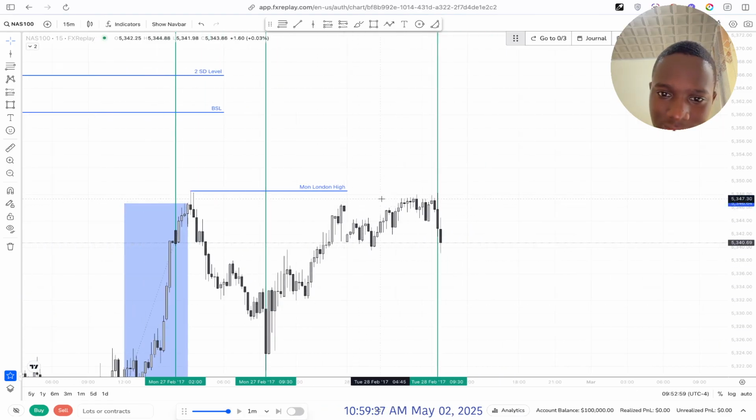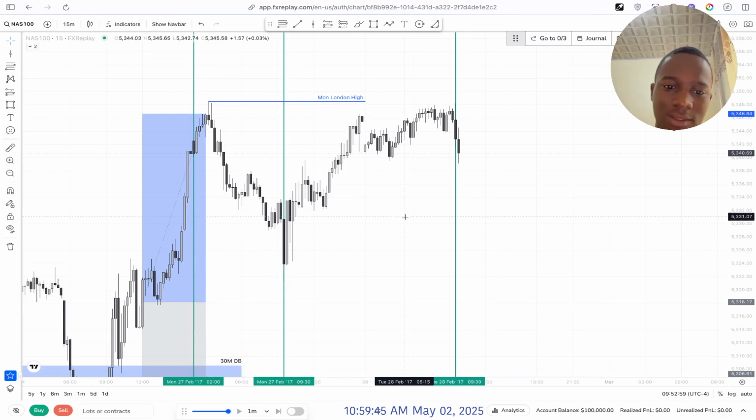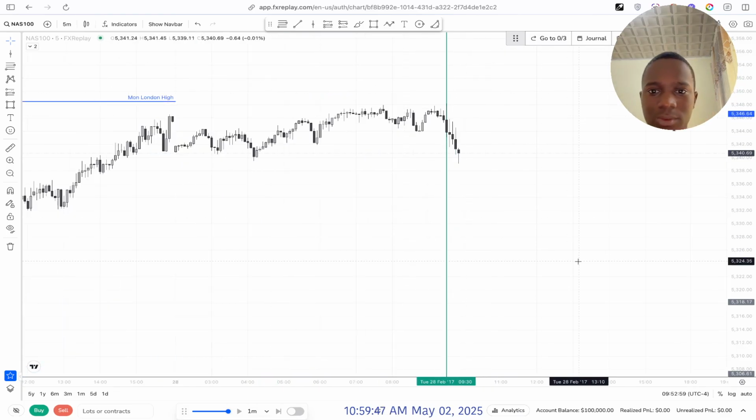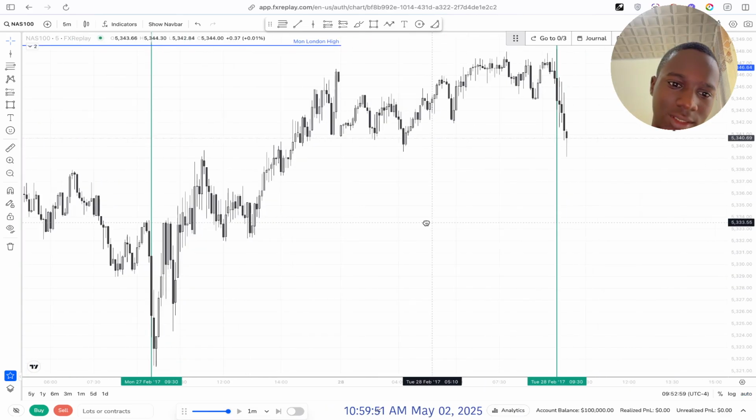So we have some relatively equal highs right here, you can see, which means there's a great pool of liquidity right here. So what we'll do is go to the 5-minute and wait for an entry.